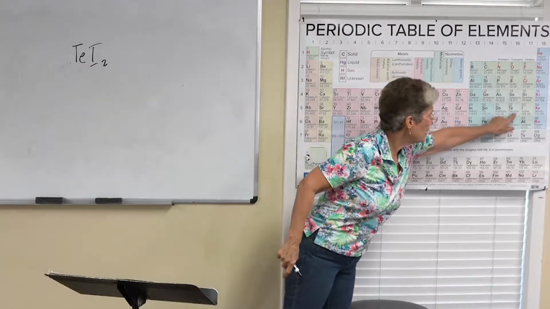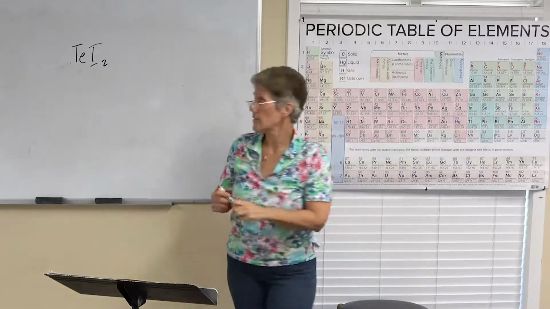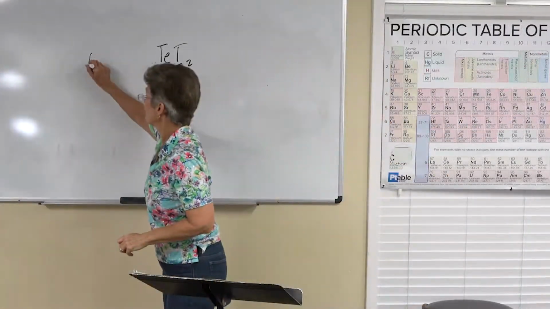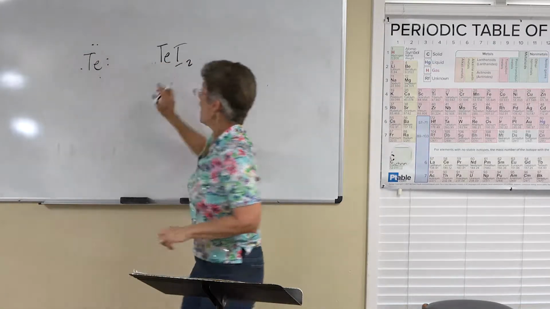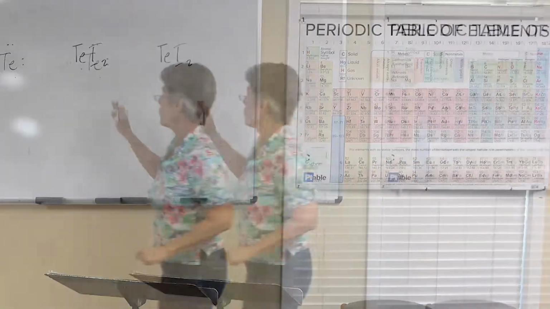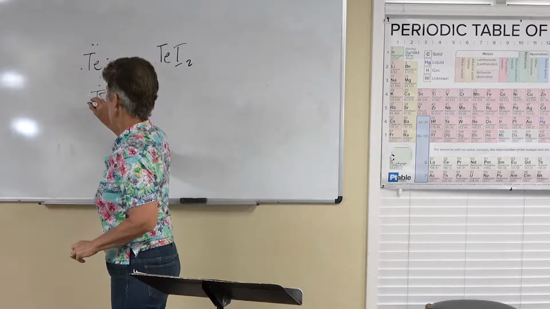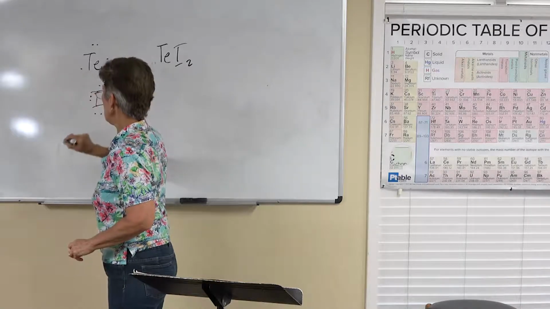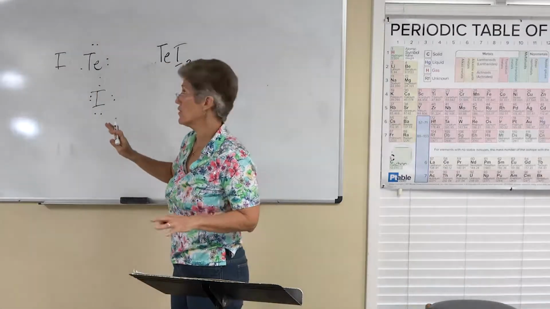Te, tellurium, is right there. And it is in group 6. So we're going to go 1, 2, 3, 4, 5, 6. Iodine is all the way here in group 7. So we have 2 of those. So we have 1, 2, 3, 4, 5, 6, 7. And I cheated a little. I didn't put it up top. But when you're doing this, you're allowed to do that.